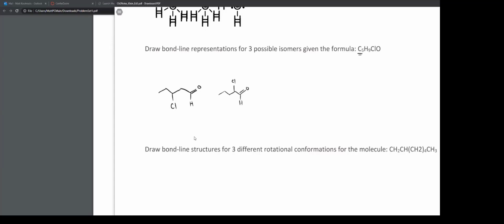How about I said, I want you to do one where there's no double bond between O and carbon. Then where's the only other place there could be a double bond? It'd have to be between carbon and carbon, right? Chlorine, remember, in organic compounds generally only makes a single bond. So how about this?